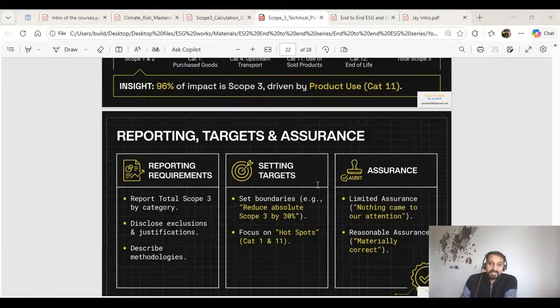Limited means you have limited assurance, and you have just calculated the emissions and just assured the GHG emission inventory, not other raw data. Reasonable means materially correct, depending on the particular material risk. So here all the examples follow the GHG Protocol Corporate Value Chain Scope 3 Standard.